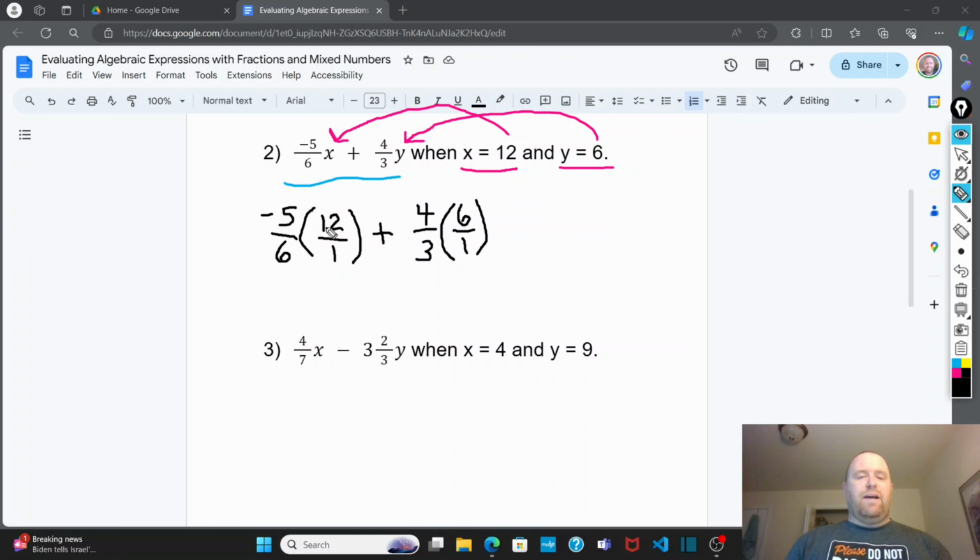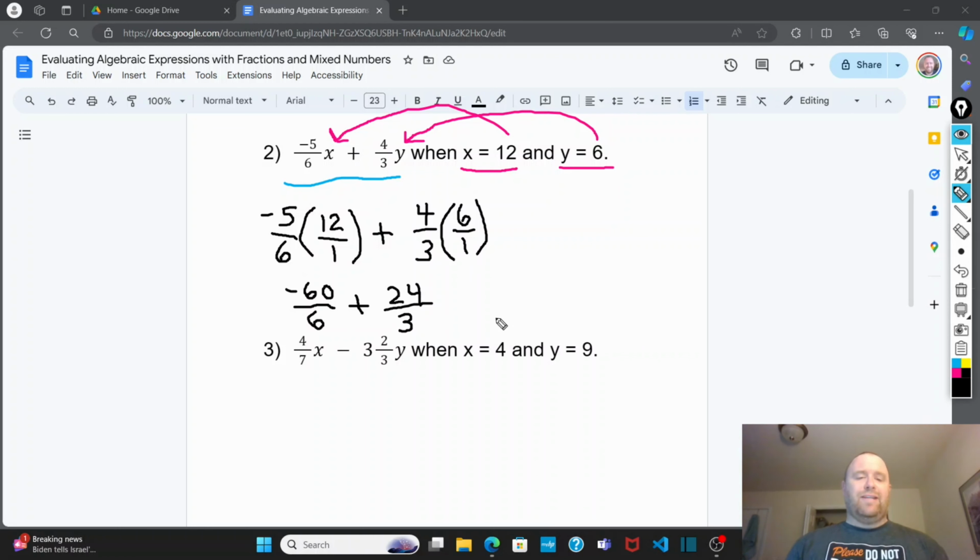Okay, so we'll do -5 times 12, which is -60, and we'll divide that by 6. So -5 times 12 is 60 over 6 times 1. Or we could cancel out beforehand, but let's do it this way. And then we do 4 times 6, which is 24, and that's over or divided by 3 times 1.